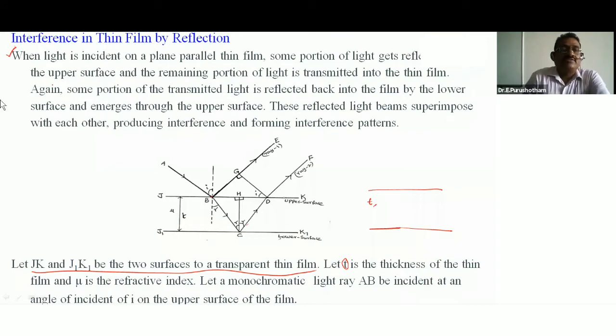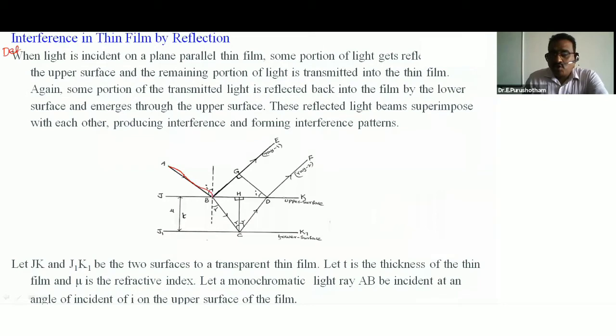So this is the definition. What I am saying: AB, monochromatic light, is incident on the upper surface with incident angle i. Some portion of light is reflected as BE, that is ray 1. The remaining light is transmitted through the thin film and is incident on the lower surface.